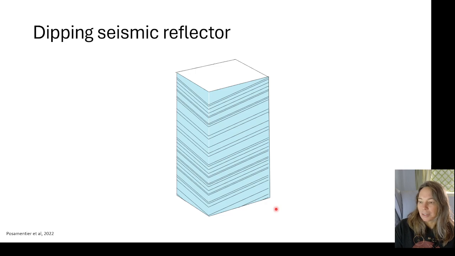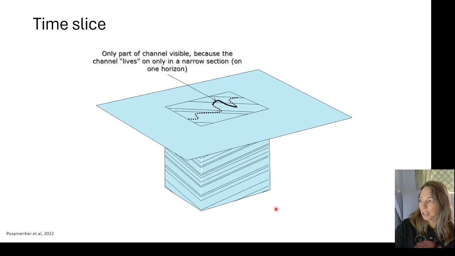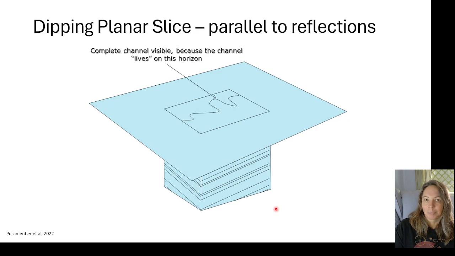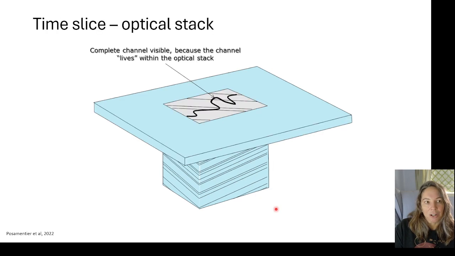Here's a nice animation that goes through it. We've got our seismic volume. Here we've got a time slice, and that channel only appears on a portion of our time slice. A dipping planar slice, if we're able to do it very parallel to the reflections, lets us see the channel more in full. A horizon slice is probably a little bit more accurate depending on the variation of the dip, and you'd be able to see the entire channel.